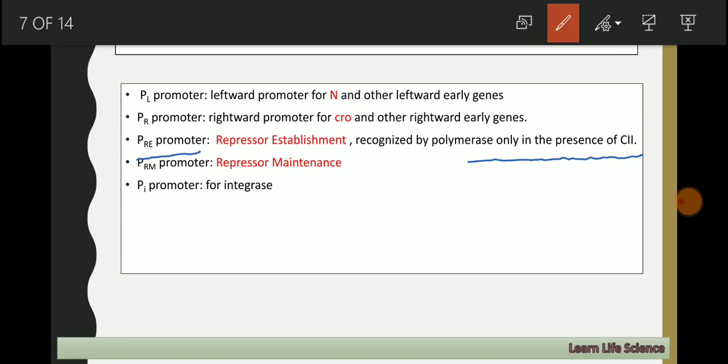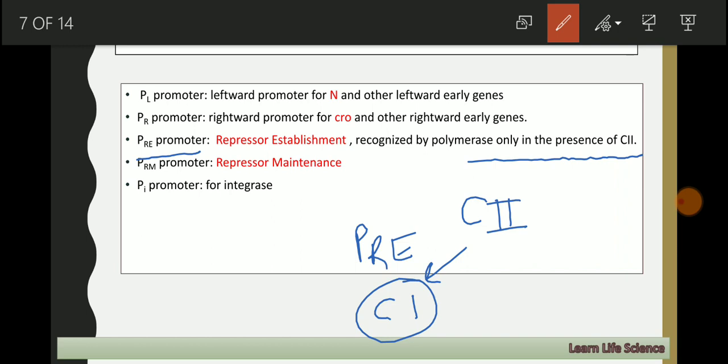Okay, I have told you that C2 is going to act as an activator for C1, but how is it going to act for C1? It is going to act for C1 by giving PRE promoter its ability to get recognized by RNA polymerase. Okay, means it is an indirect activation of C1 repressor by C2, and also it is going to activate INT, which I am going to tell you further.